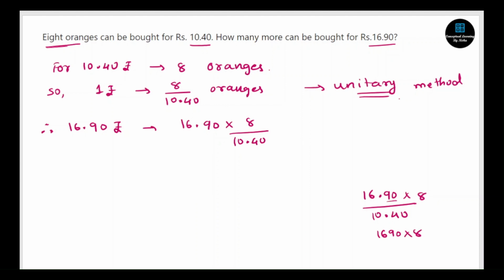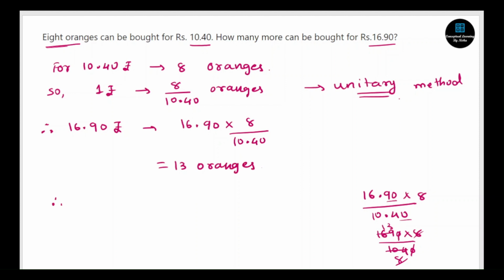Now as these are like decimals, okay, I can simply omit the decimal point and now I can write this. Now I can cancel out zeros. 13 times table 13, 8 times 13, 13 times 169, 8 will cancel out, so you will get 13. So what I'll get, I can buy 13 oranges, correct?